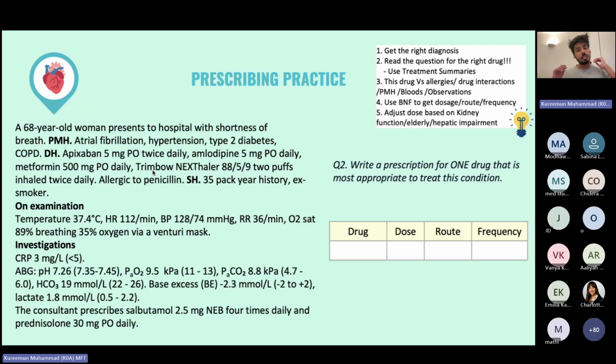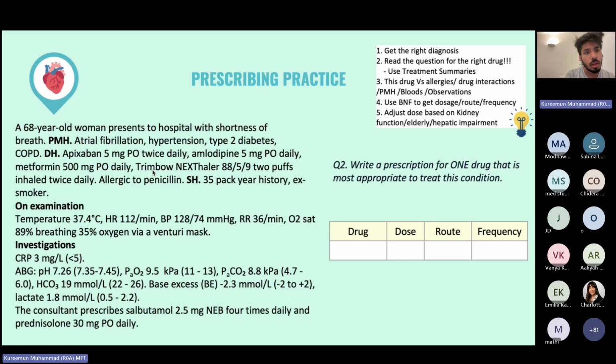Well, you've got a 68-year-old female presenting to hospital with shortness of breath, past medical history of AF, hypertension, type 2 diabetes, and COPD. So she is on apixaban for AF, amlodipine for the hypertension, metformin for the diabetes, and then inhalers for her COPD. She's allergic to penicillin.